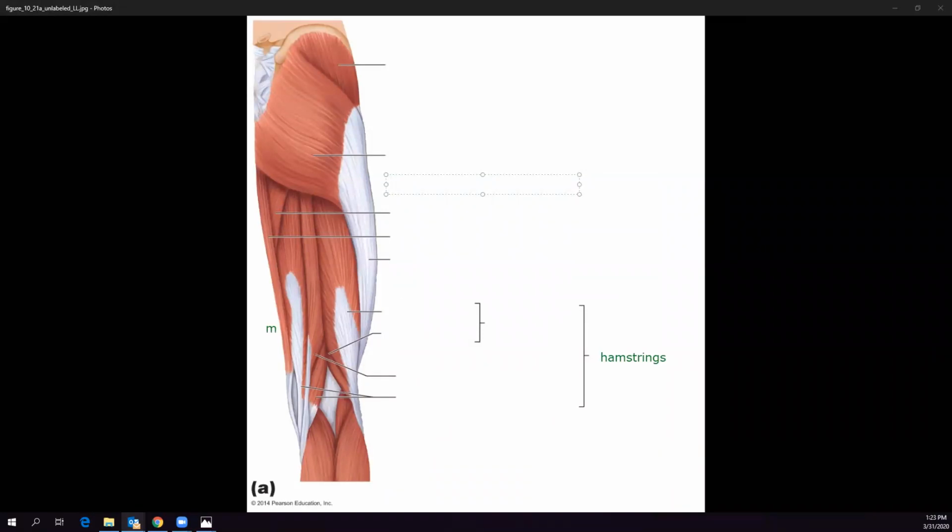Make it a capital L. Okay. All right. So we're on the pinky toe side. This is going to be the biceps femoris. So that's why we can't just call the biceps in our arm the biceps, because we have a biceps in our leg.